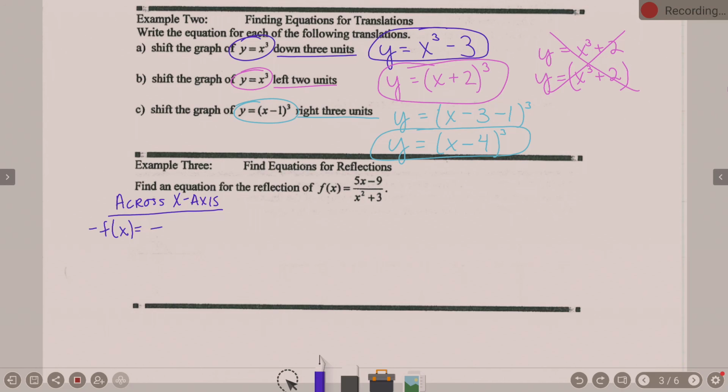So I'm going to start off writing it as negative times the fraction, (5x minus 9) over (x squared plus 3). Now, the question becomes, how can we write this as a final answer? When we have a negative multiplying into a fraction, what does that multiply by? Or what are my options, I should say?